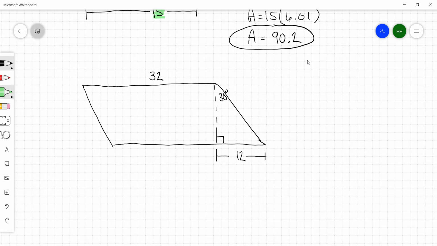So, got a 30, 60, 90 right triangle. The other special right triangle. Does anybody remember the relationship between the short leg and the long leg?